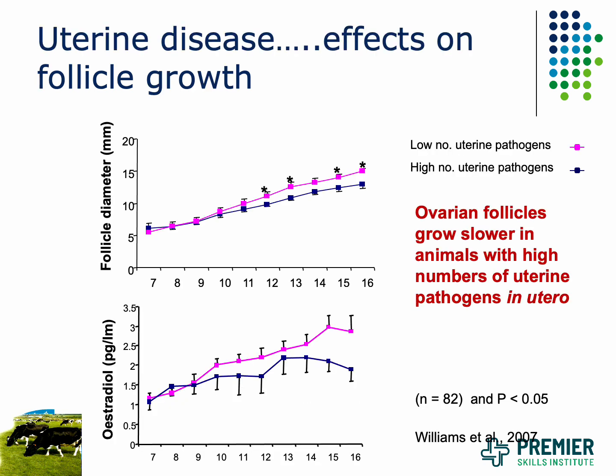It also has an effect on follicular growth, and larger follicles, as I said before, mean more estradiol. More estradiol means more heat expression. So ovarian follicles, we know, grow slower in animals with high numbers of pathogens in utero.